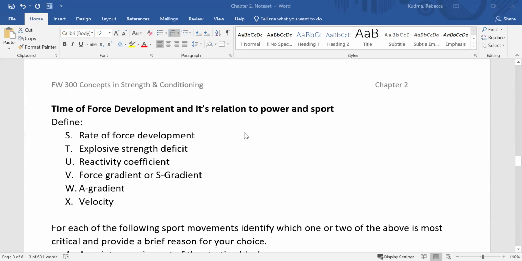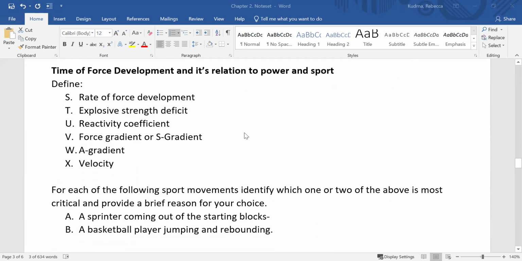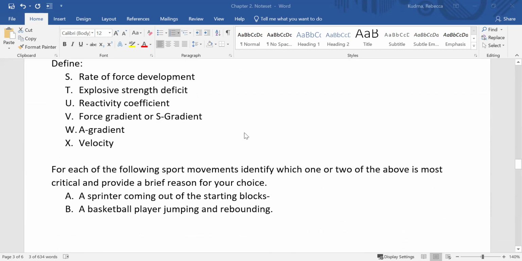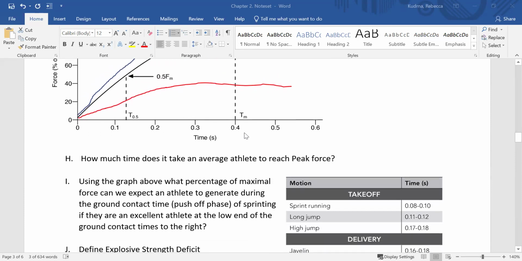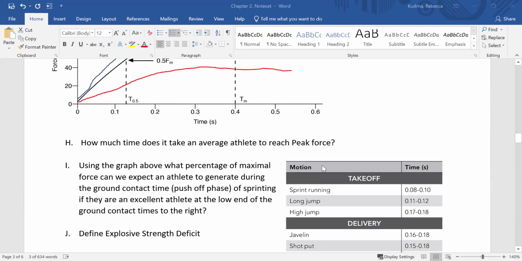Okay, now we get back to the concept of rate of force development and how quickly we can move an object. And this is, again, playing off of what we saw back here, because I gave you the example of sprinting.